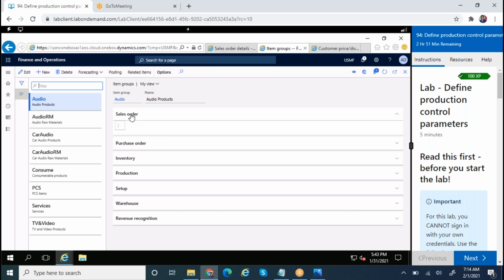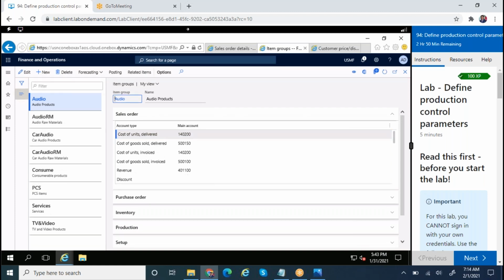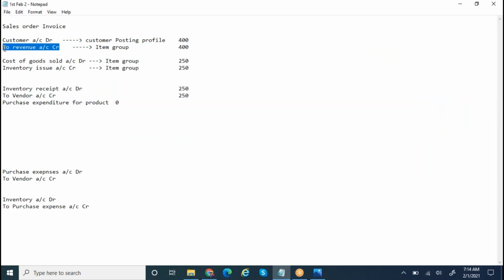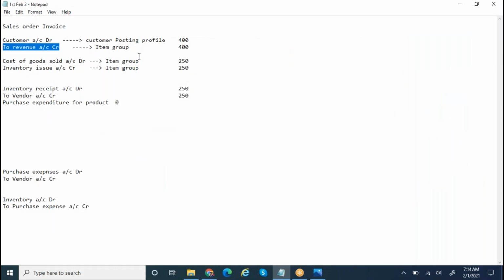In this, you will find the revenue account and the cost of goods sold. And the inventory issue is called cost of units invoiced.